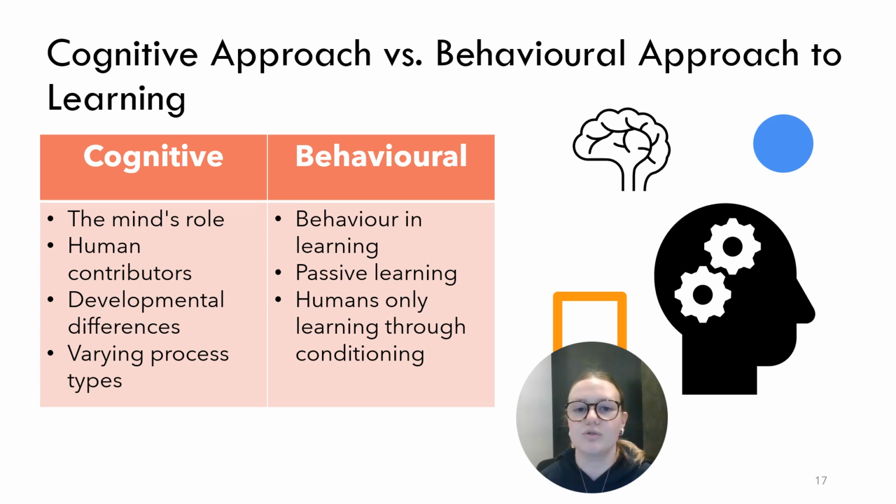Cognitive theorists also recognise that there is a developmental difference between different learners, and individuals can process information in different ways and at varying speeds as well. On the other hand, behaviourists only acknowledge the role of behaviour in learning. They have the belief that students are passive learners and therefore only learn as a result of positive reinforcement or punishment.